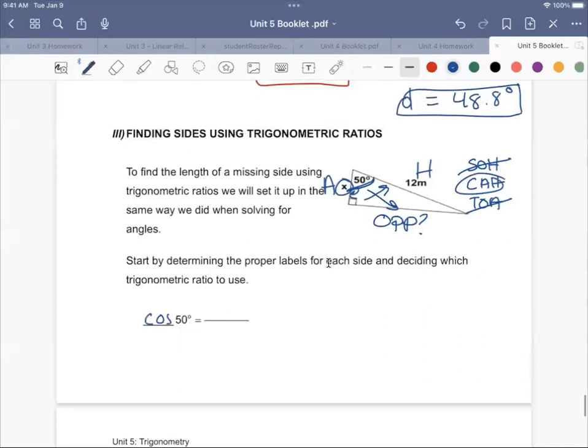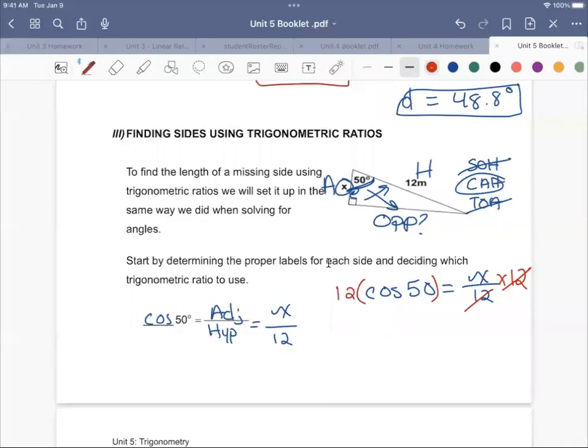So that means I'm going to use cosine. So it would be the cos of 50 is equal to the adjacent over the hypotenuse, which is x over 12. So I end up getting cosine of 50 is equal to x over 12. To get rid of this 12, this is divided by, so I'm going to multiply by 12 so that those cancel out. Whatever I do to one side, I must do to the other.